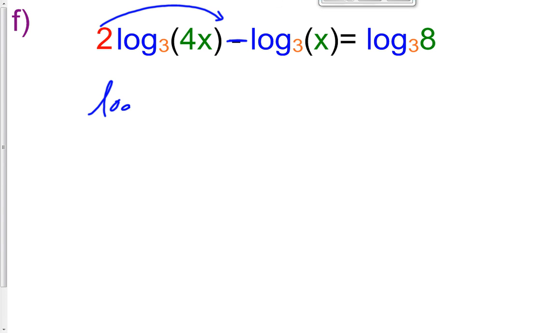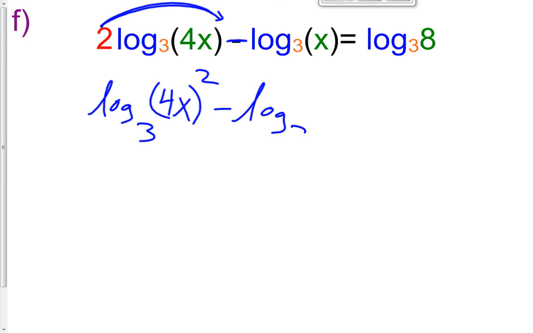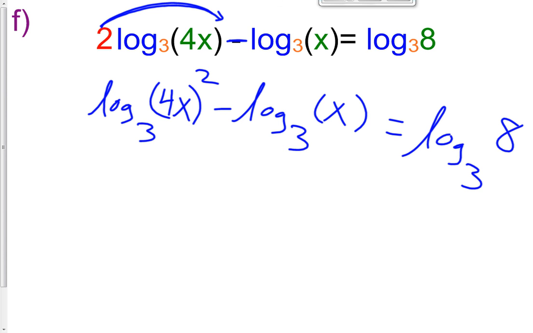It's the log base 3 of 4x raised to the second power. So we have that minus the log base 3 of x. That equals the log base 3 of 8. What a mouthful.